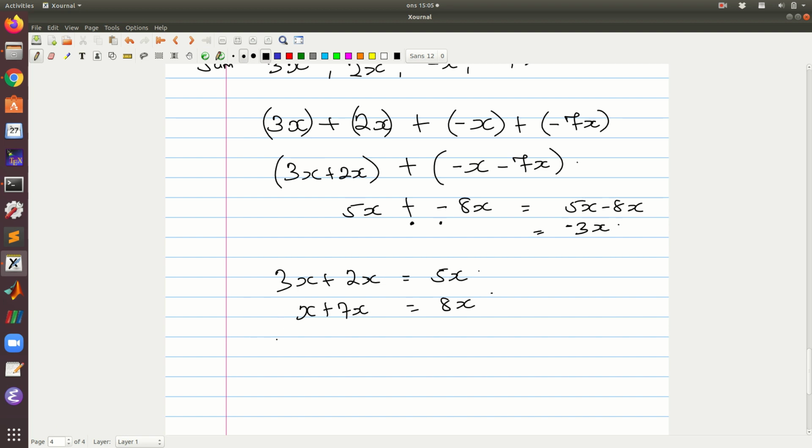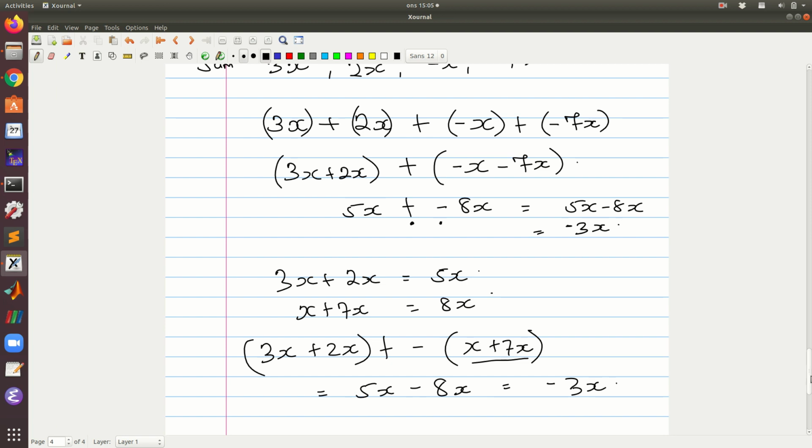And then to add 3x plus 2x, remember these were negatives, it is the same as 5x minus 8, and then we have that.